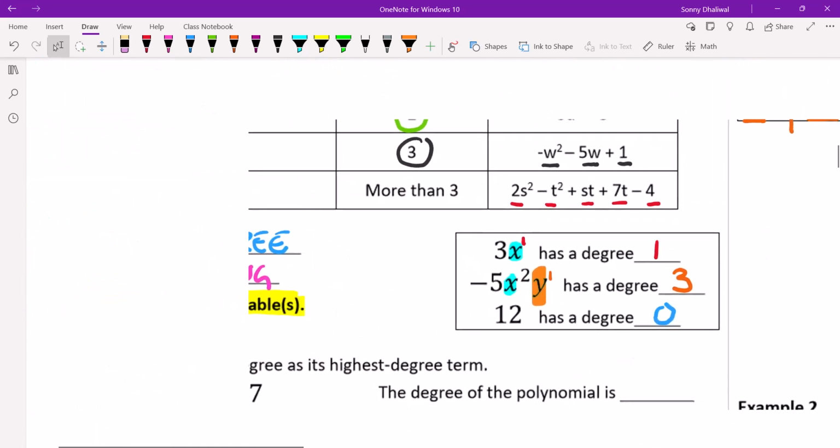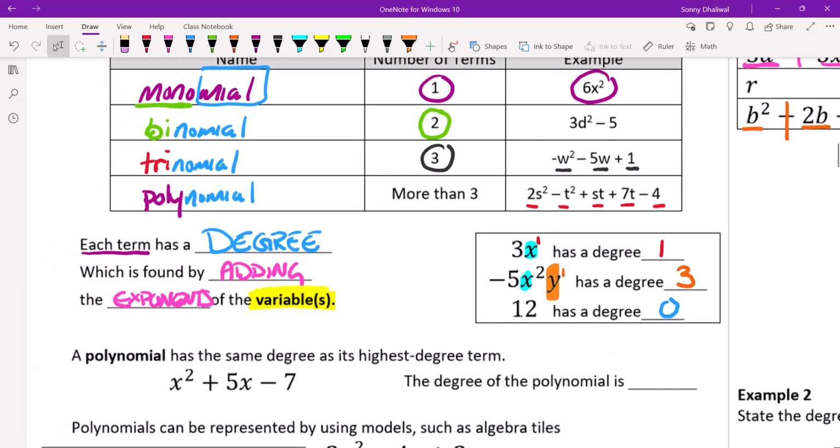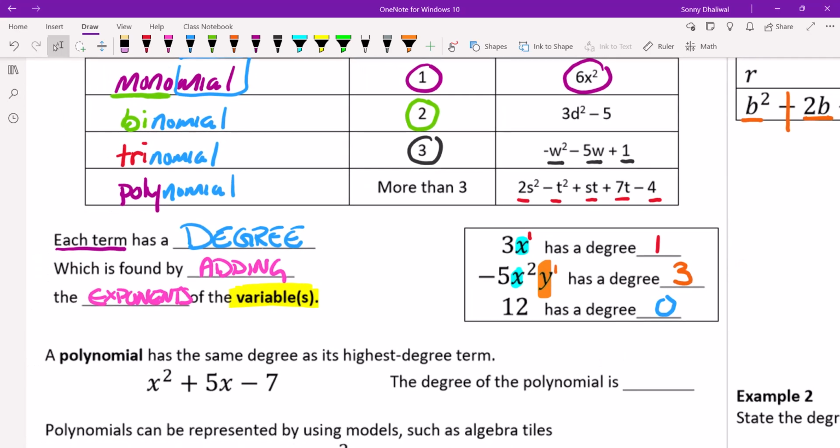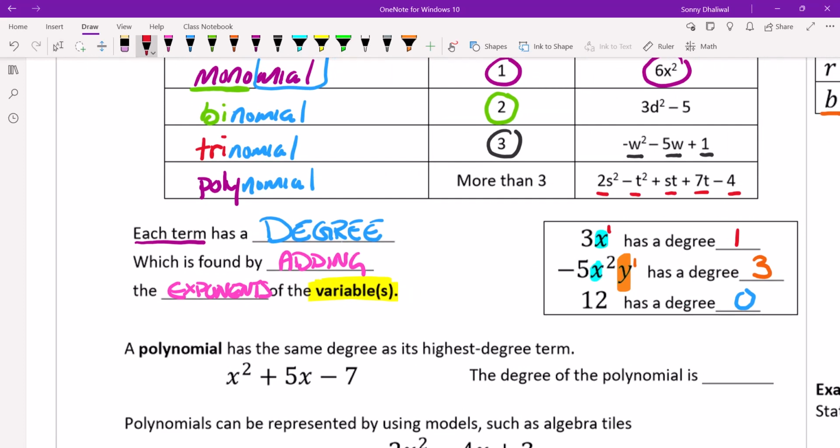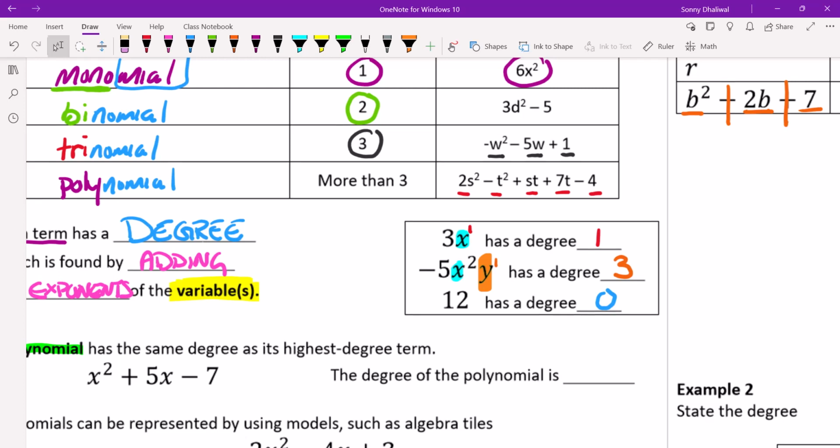Now, going back to this side of the page. So, every term has a degree. Right? Every term has a degree. You just add the exponents of the variables. But when you start looking at polynomials, right? So everything we looked at here were monomials, just one term.